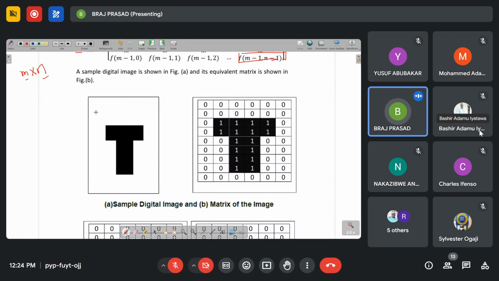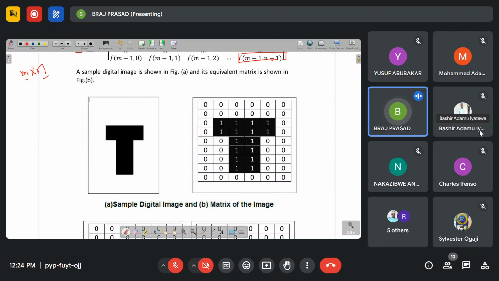The place where this object is visible will be taken as 1, and the place where this cell is not part of the object will be denoted by 0.